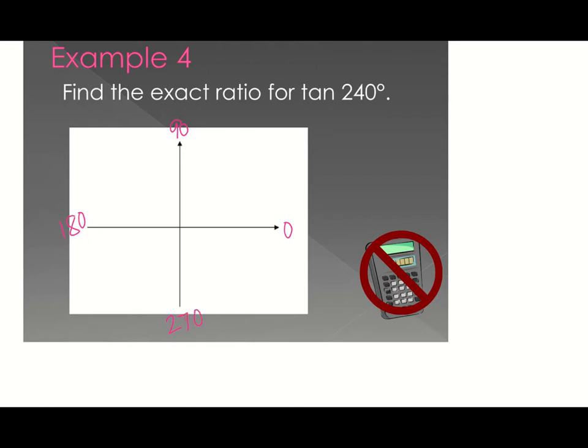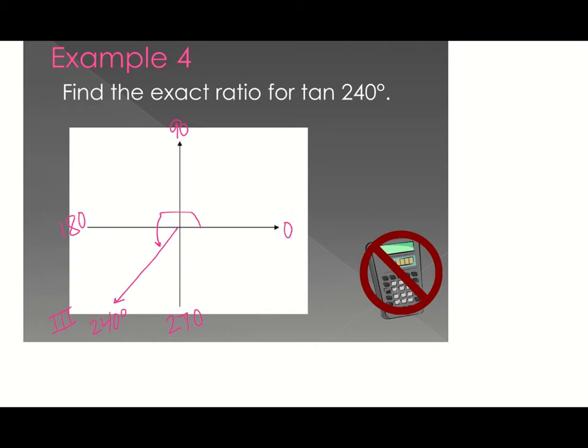So we are actually going to be in quadrant 3 for this problem. So if my angle goes around from 0, past 90, past 180, it's going to be over here between 180 and 270. So here's my angle of 240 degrees. So I went all the way from 0 to 240.